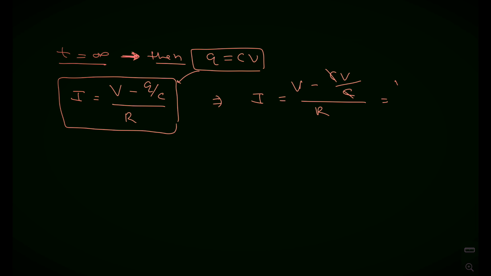Then C and C cancel out, so (V minus V) by R. Then the current becomes 0.